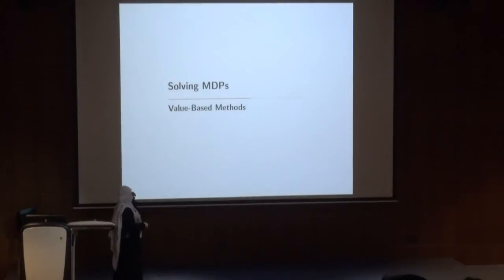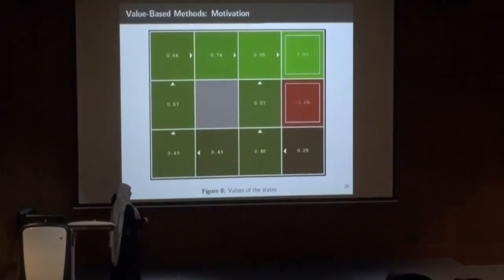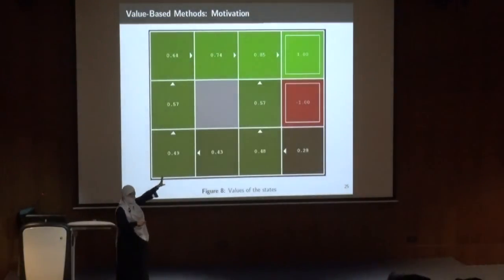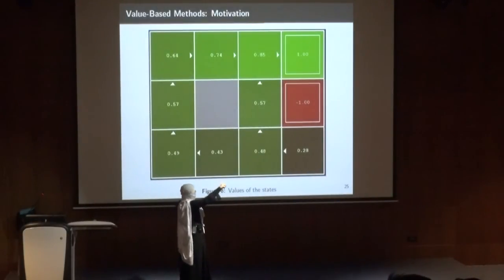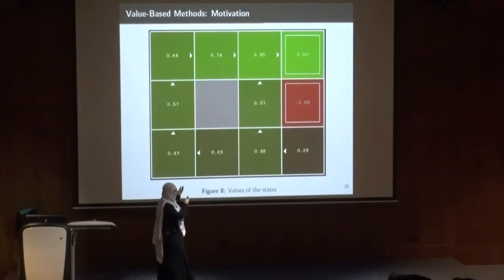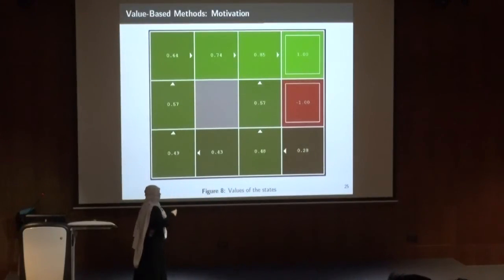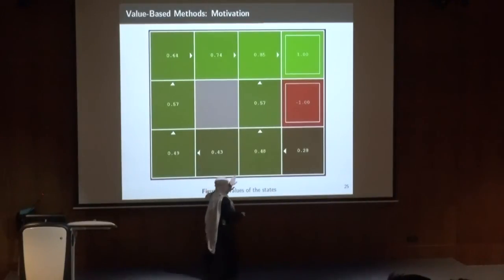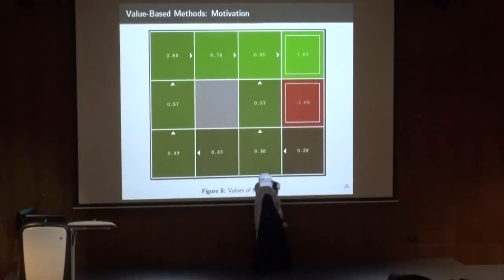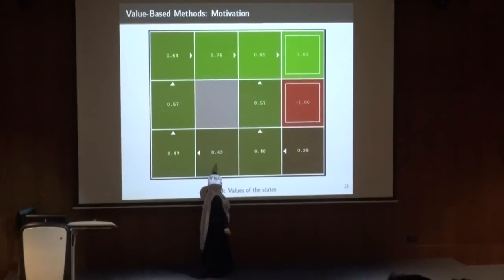We will start with the value-based methods. If this is the same grid as we had before, we have the +1 here and the -1 here, and all these other states. If I have this map, I know that the value of this state is 0.48, the value of this state is 0.28, and the value of this state is 0.43.